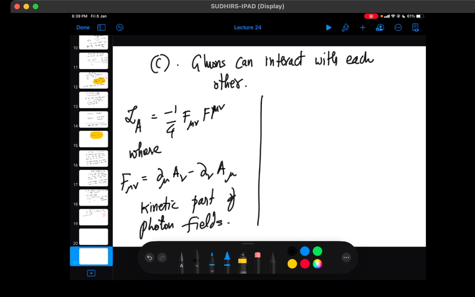If you ask the same question for the gluons, because the theory is non-abelian, things are completely different.